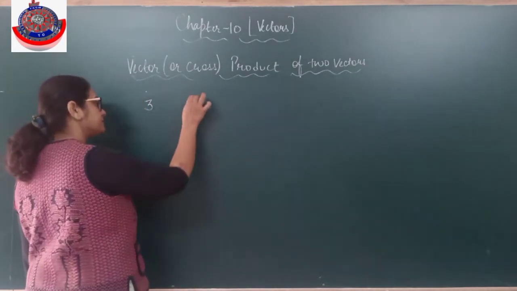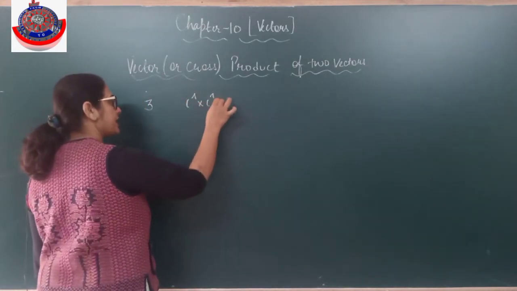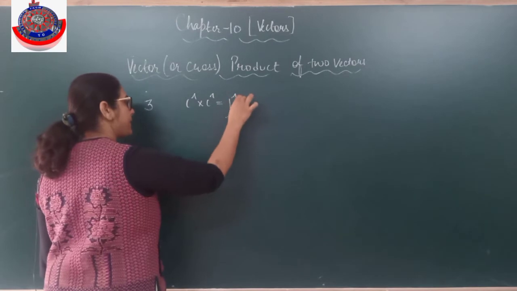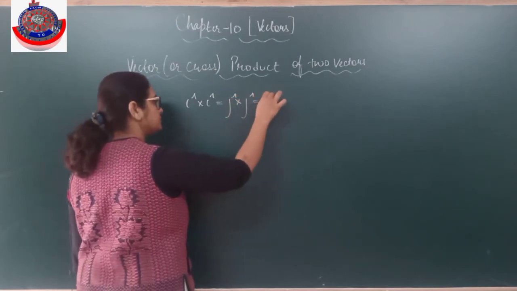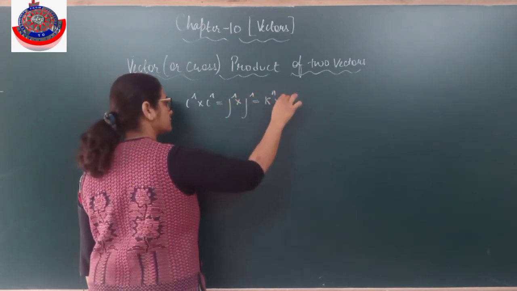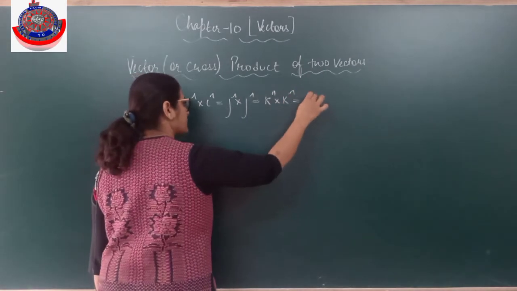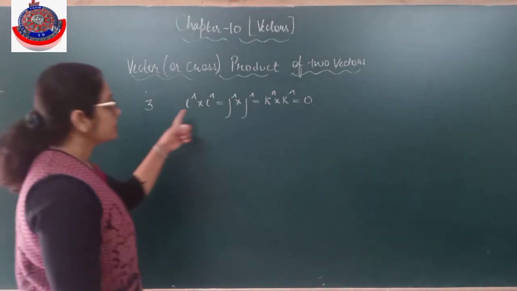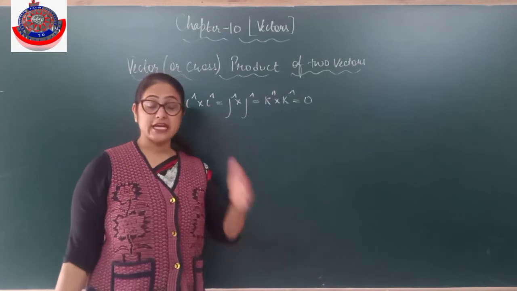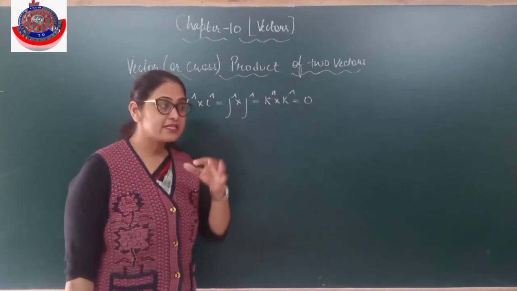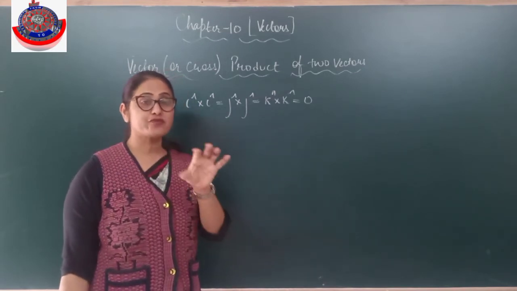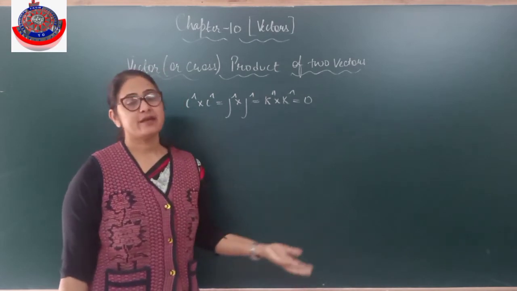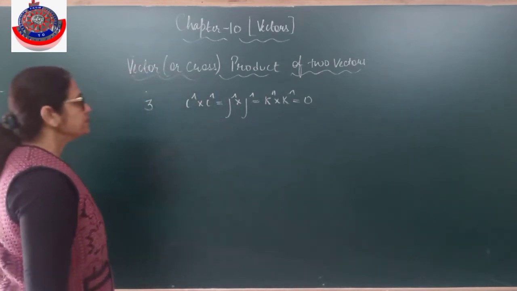It means I cross I, J cross J, K cross K. Understood? I hope it is clear to everyone. If I take a cross product of a vector with itself, that becomes equal to 0. Understood?